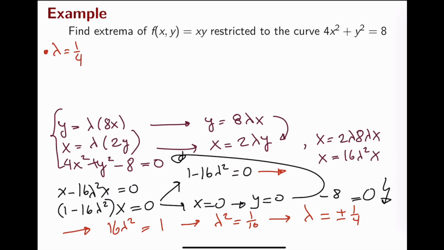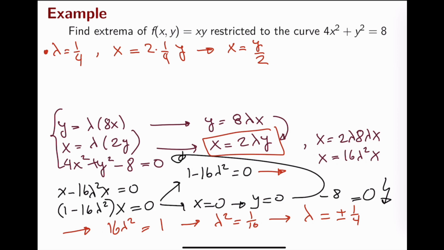So if lambda is equal to 1/4, we come back to our equation here for the value of x, and we get that x is equal to 1/4 times y. So that means that x is equal to y over 2.